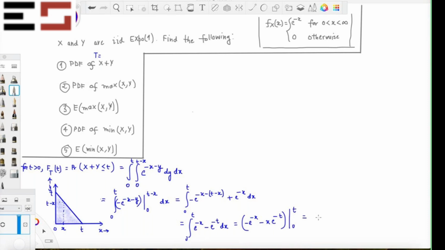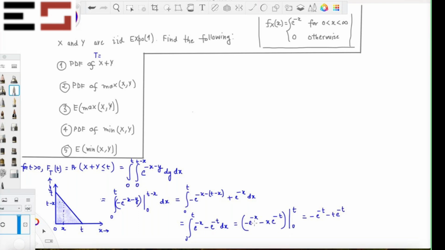Let's replace x by t. So we are going to get minus e to the power minus t minus t e to the power minus t, and then put 0 there.